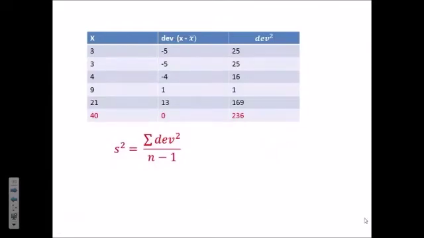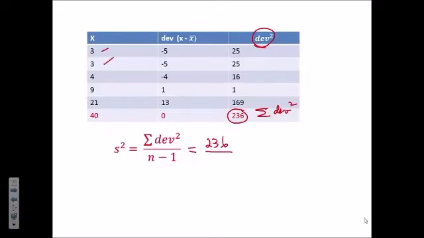Well, here's the chart we had on the previous slide. To get the sample variance, we get the sum of the squared deviations divided by degrees of freedom. The sum of the squared deviations would be 236. That's the sum of the squared deviation column, 236, over n minus 1.